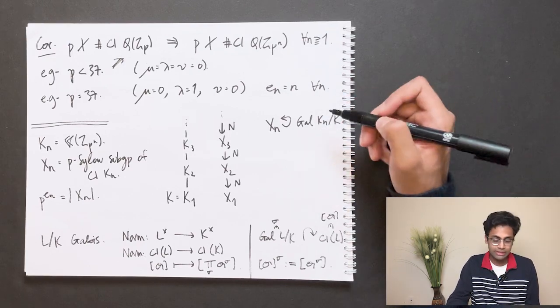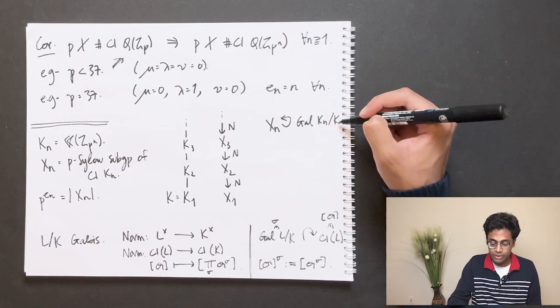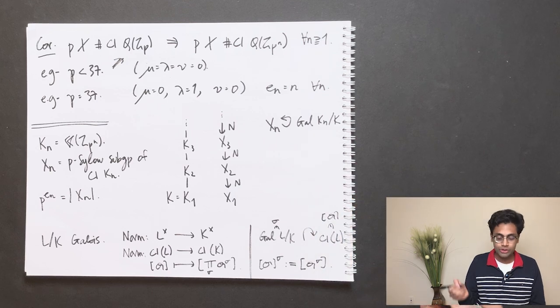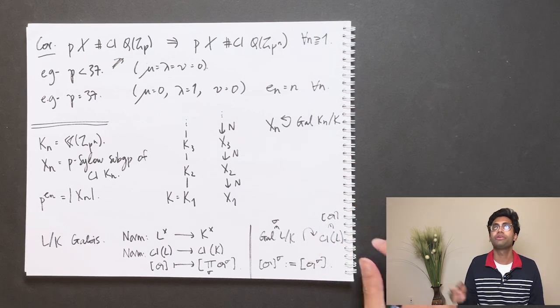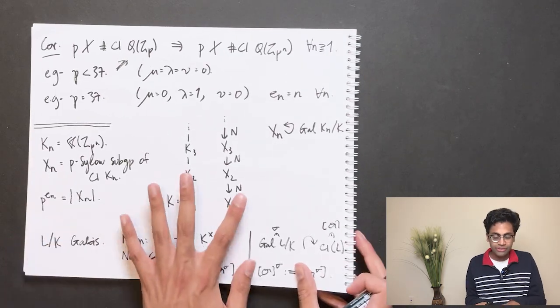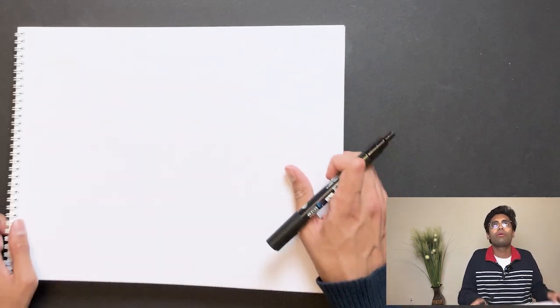So can't we use Gal(Kn/Q)? I mean, we can, but in this proof, we actually only need the fact that it's Galois over K. That's the only thing we're going to need, so that's what we're going to do. Okay, so this is the essential number theoretic input that we're going to need for our proof.